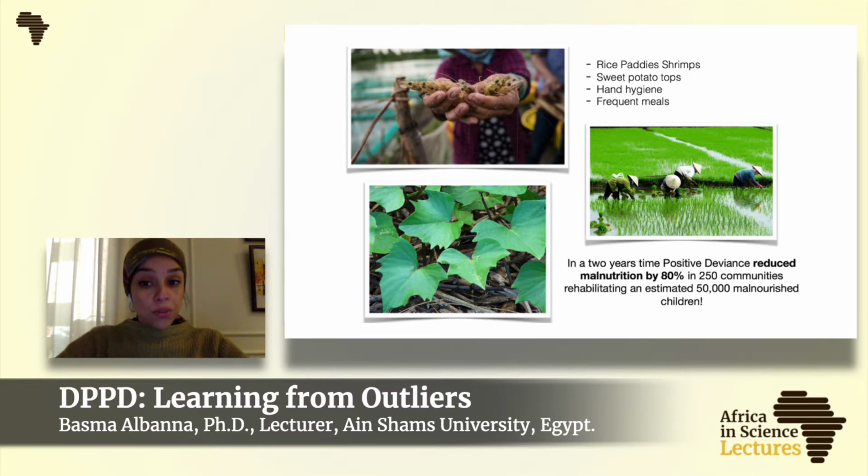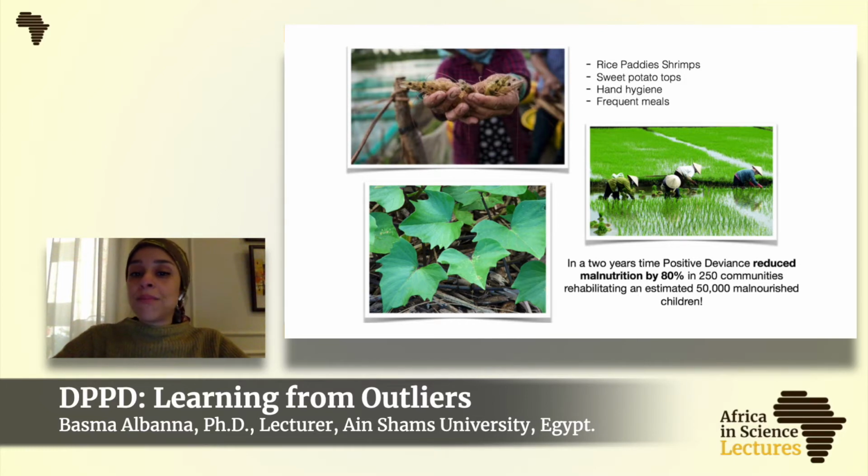Mothers of those children added to their children's diet tiny shrimps from the rice paddies and the greens from the sweet potato tops. They washed their children's hands every time they came in contact with anything unclean. And they fed their children less per meal but more often, 4 to 5 times per day, compared to the 2 times in regular families.